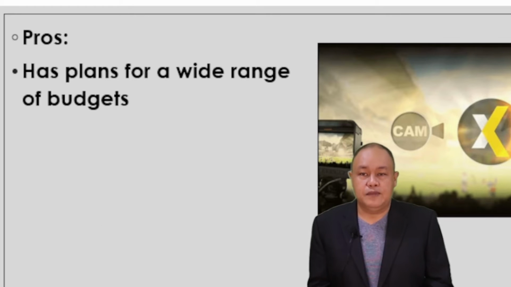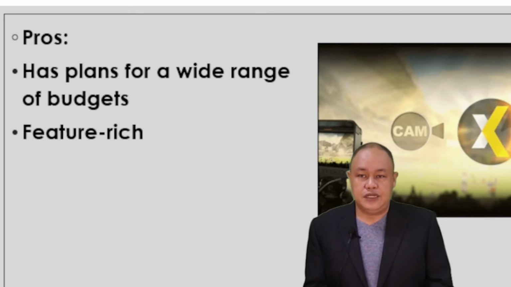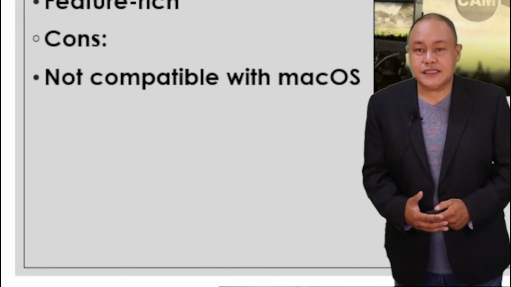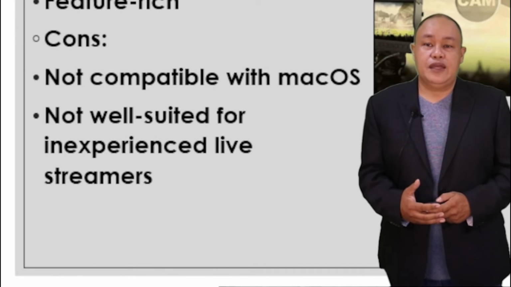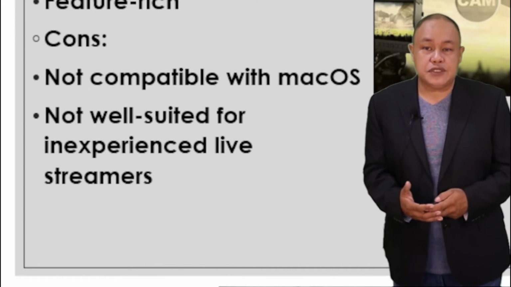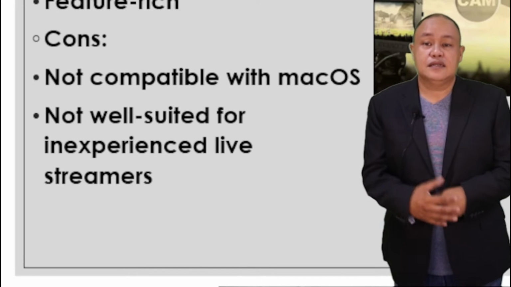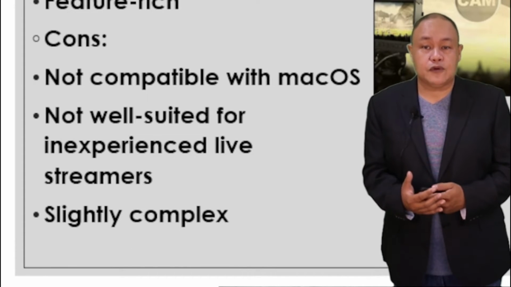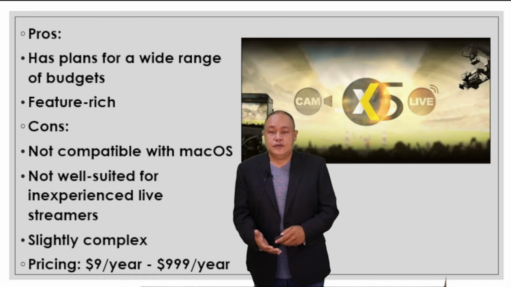The pros: it has plans for a wide range of budgets, and it is feature rich. The cons: not compatible with macOS, not well suited for inexperienced live streamers just like us, and slightly complex in terms of control. Pricing is from $9 per year up to $1,000 per year.